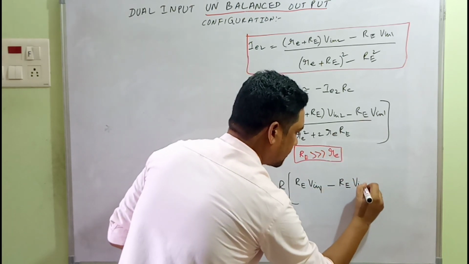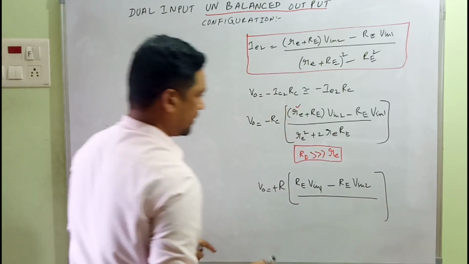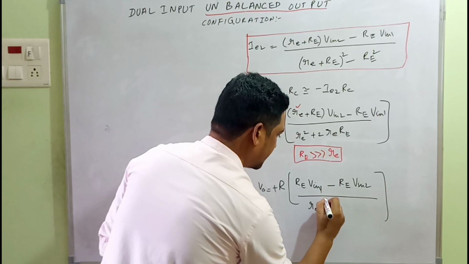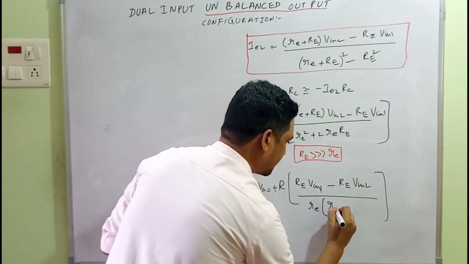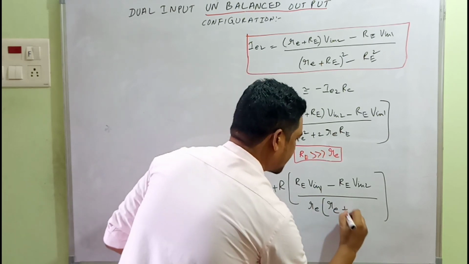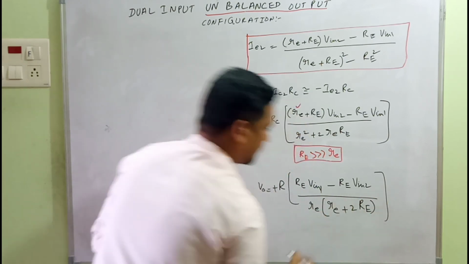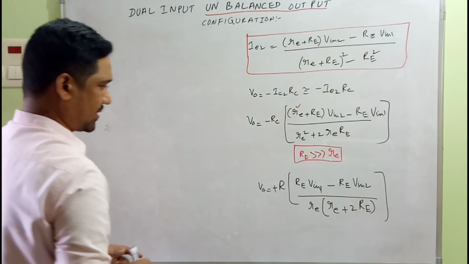upon, in the denominator here, taking out RE as common, we'll be left with RE plus twice of the external resistance RE over here. And that's it.